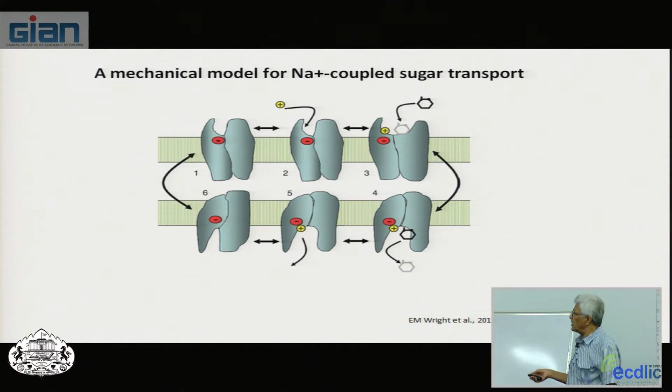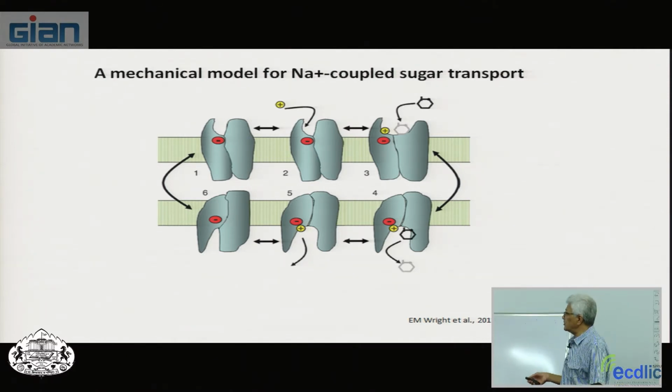Okay? Because as you can see, when you have one site being occupied in this orientation, you don't have another site accessible here, right? So at a given time in a single transporter, the sites are available on only one side. And in this case, because this is a co-transporter, you have two molecules binding, one sodium and one glucose.